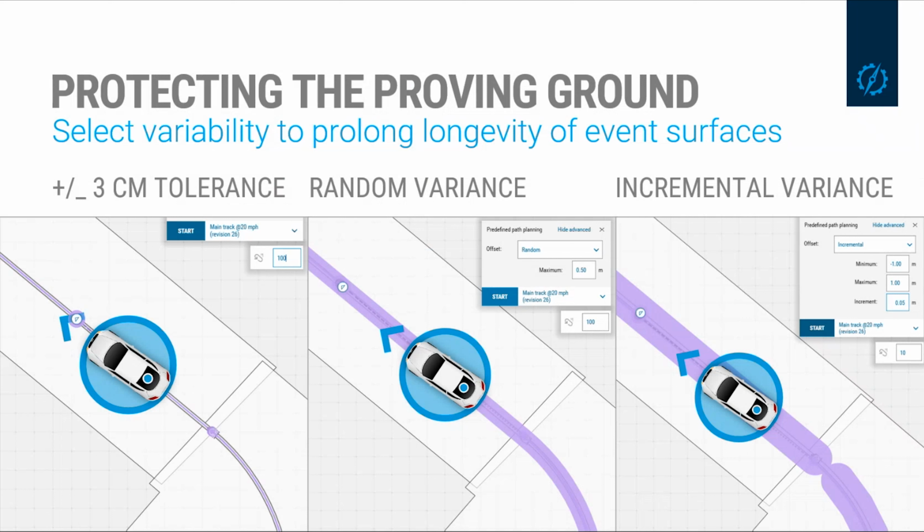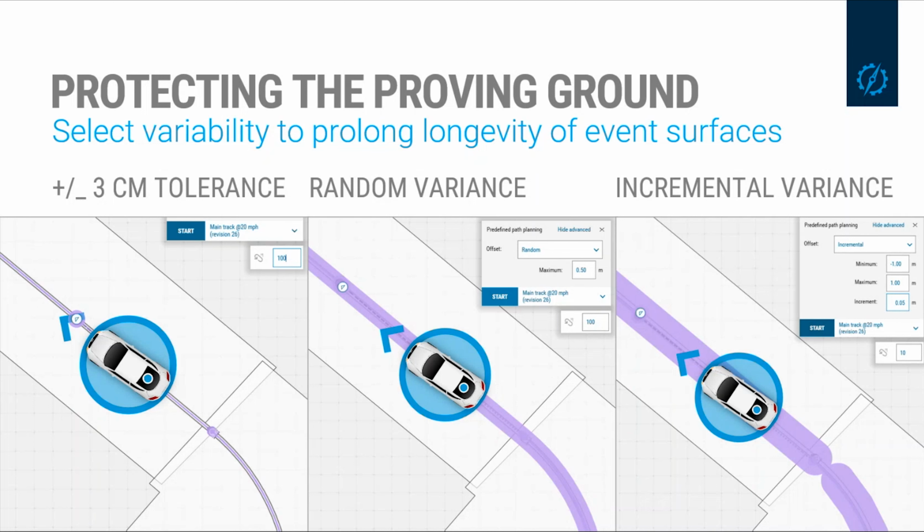So Mobius drives the vehicles very specifically, and that can often cause concerns about wear and tear on a test event. So Mobius gives us the ability to drive within a 3 centimeter tolerance if we just assign it to the designated path, and it will run very close to that.